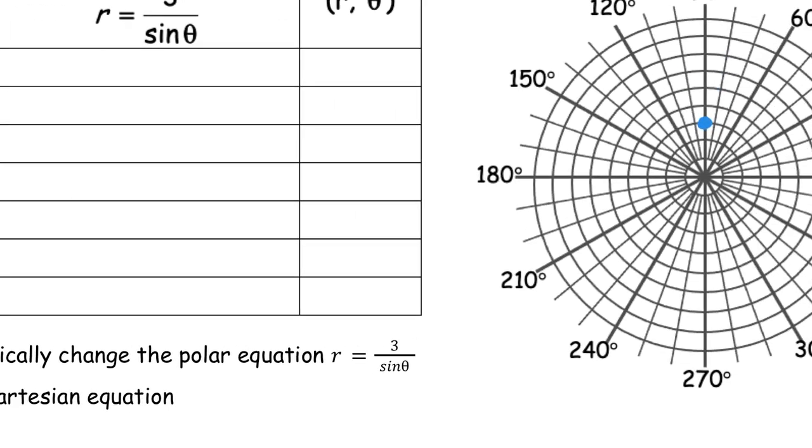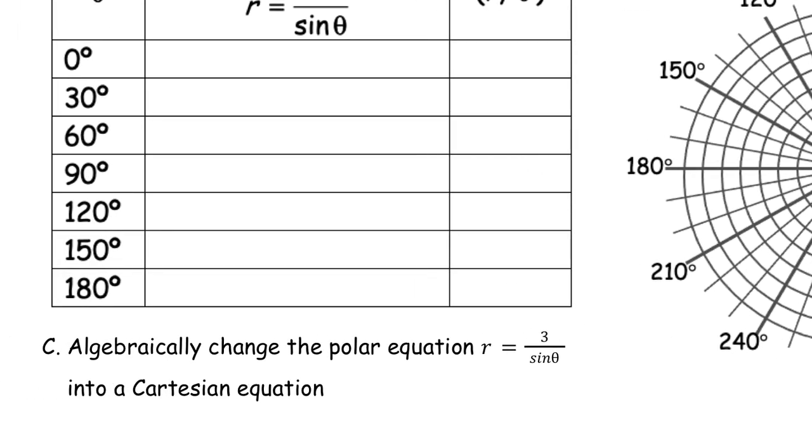Well, let's do a couple other points just to cover our bases. Let's do 30 degrees. 3 over sine 30. What's sine 30? 1/2. So 3 divided by 1/2 would be 6 at 30 degrees.